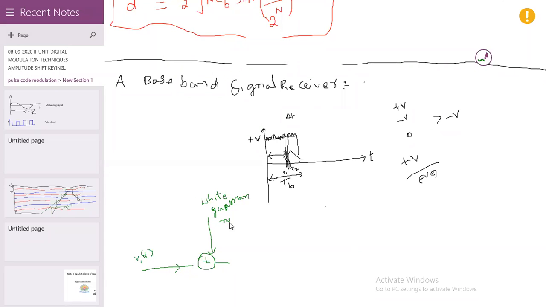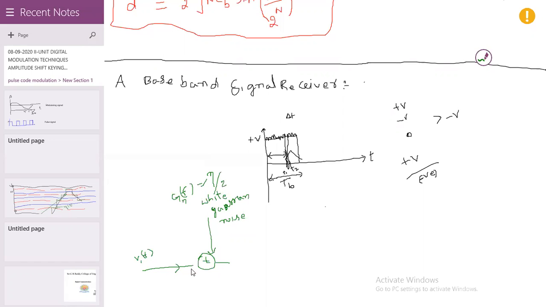Please note down, with power spectral density Gn of f equal to eta by 2. Eta is the constant here. Eta by 2.